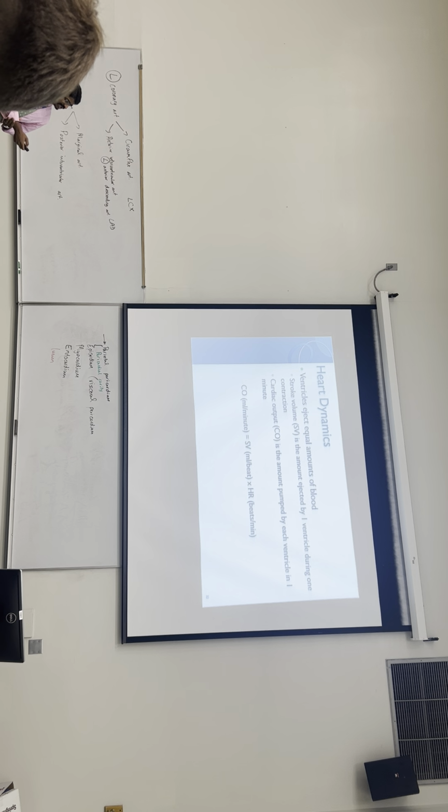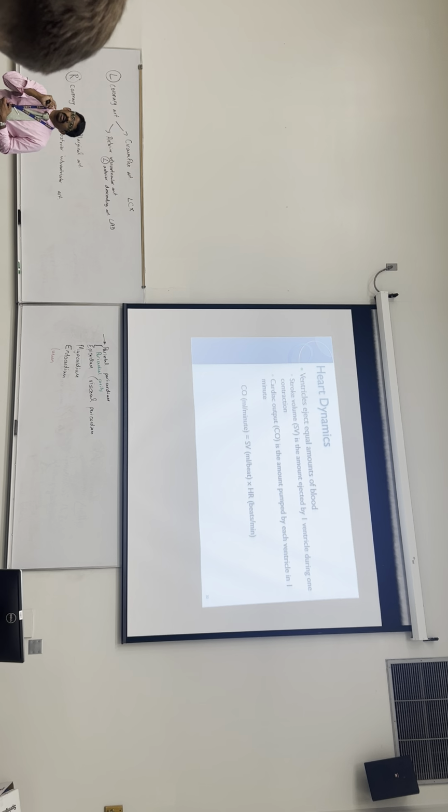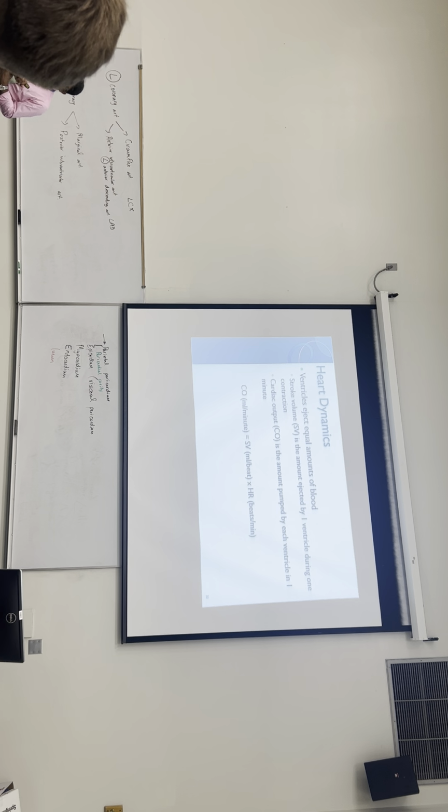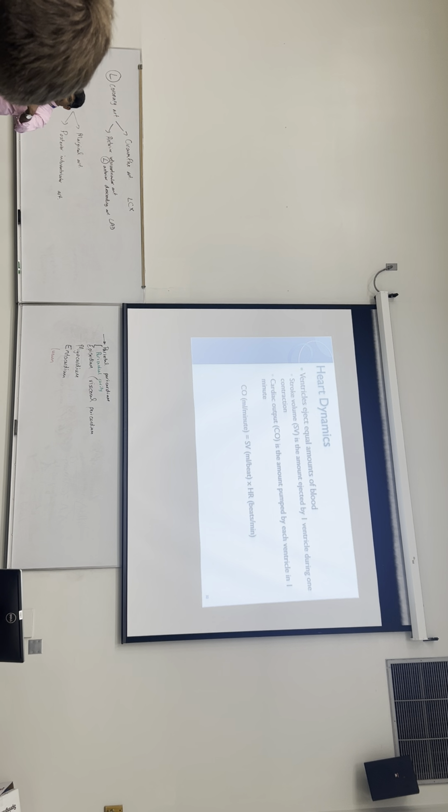What it's determined by is also multiplied by something called the stroke volume. Stroke volume is the amount of blood that's pumped out in one ventricular contraction. The number of times it does that corresponds to the heart rate, right?